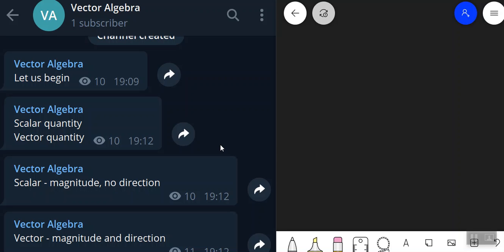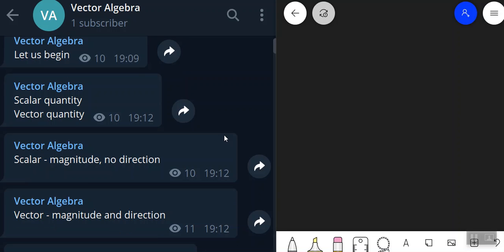So that makes the difference between speed and velocity. Therefore, speed is equal to distance divided by time, whereas velocity is equal to displacement divided by time. And hence, velocity is a vector quantity, whereas speed is a scalar quantity.